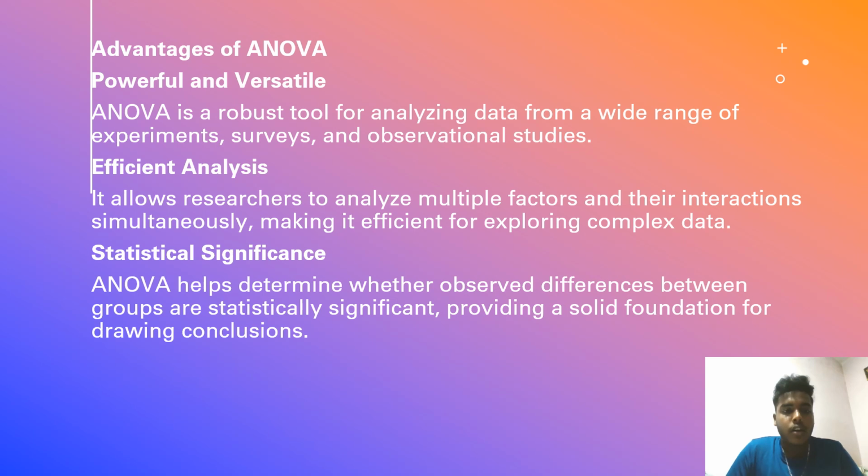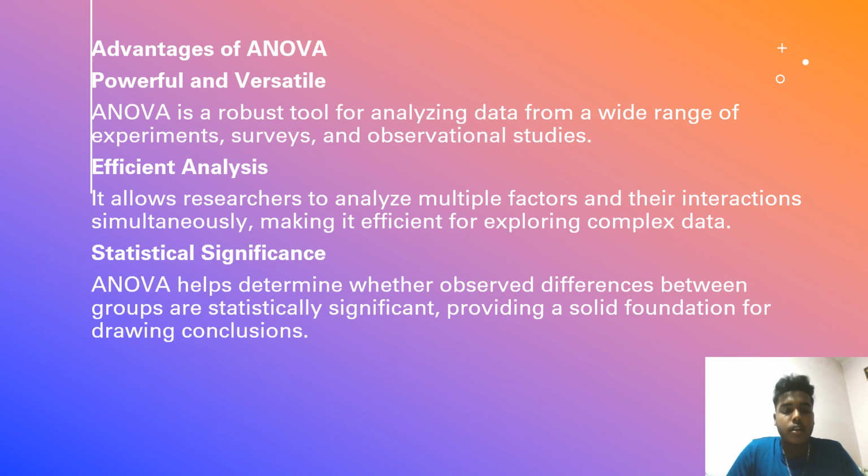ANOVA is a robust tool for analyzing data from a wide range of experiments, surveys, and observational studies. Effective analysis. It allows researchers to analyze multiple factors and their interactions simultaneously, making it efficient for exploring complex data.